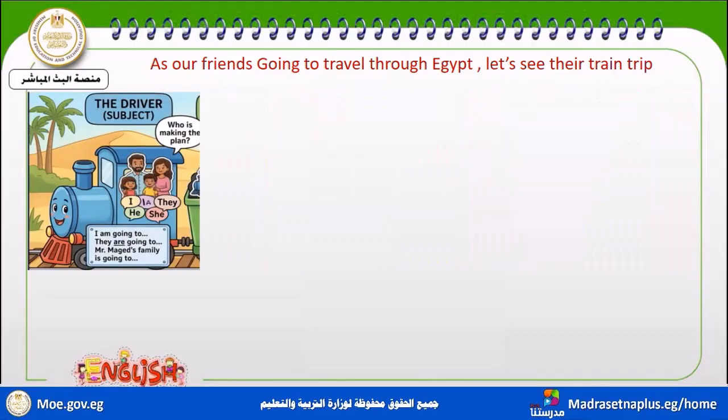First, we have the driver of the sentence or of the trip, the person who is making the plan, the person who is talking, which is the subject, which can be I or he or she or they, as we were talking about Mr. Megid and his family. This is the subject.